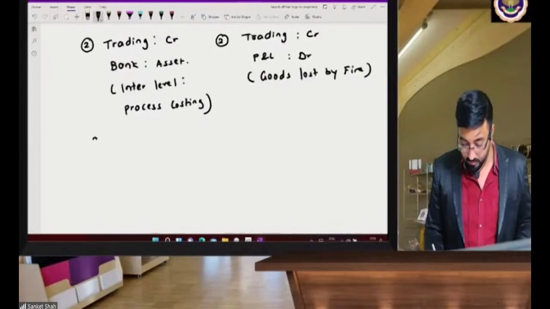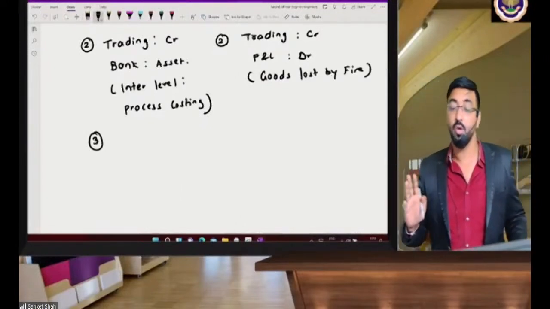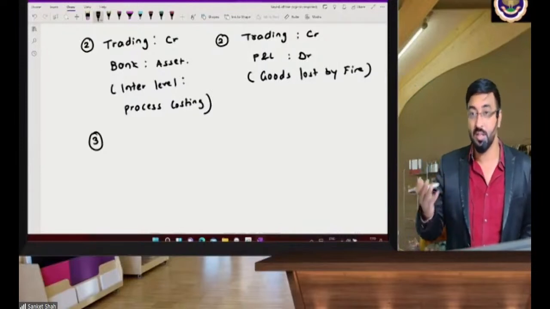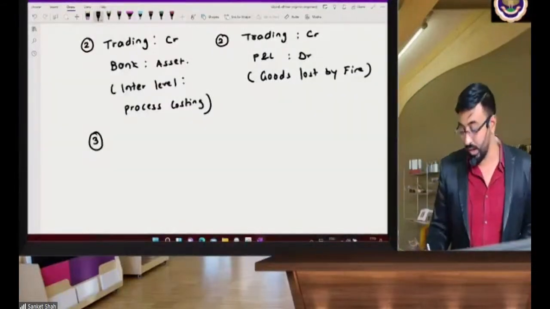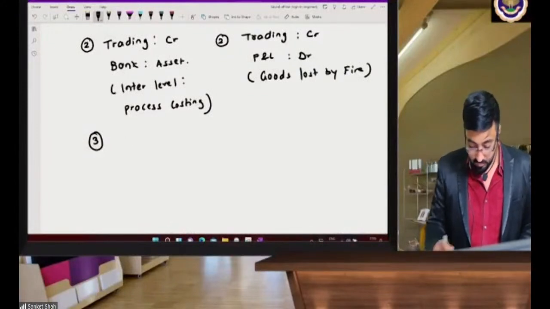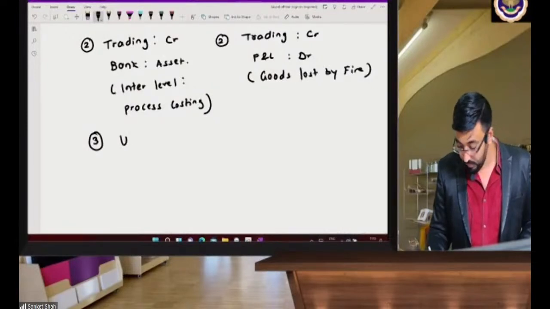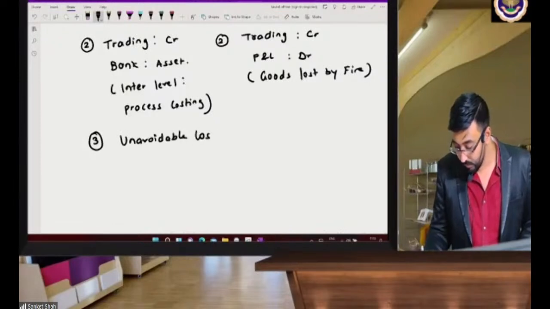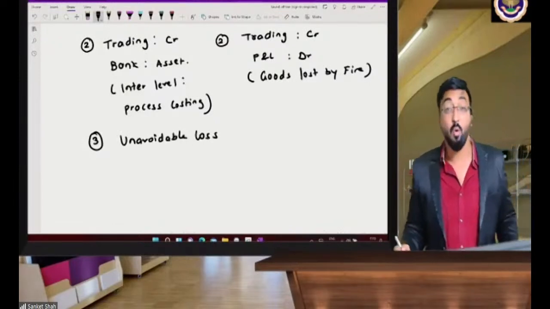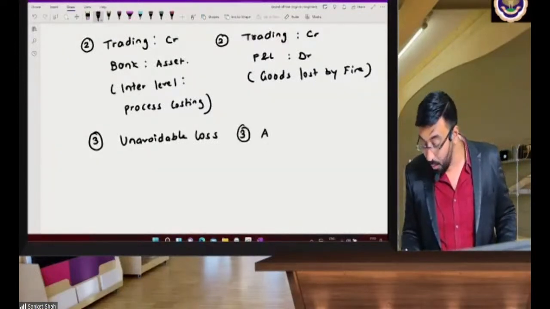Okay. Third question. Now see some theoretical, bookish language. This is unavoidable loss, and this is avoidable.